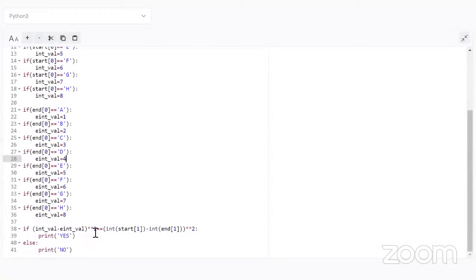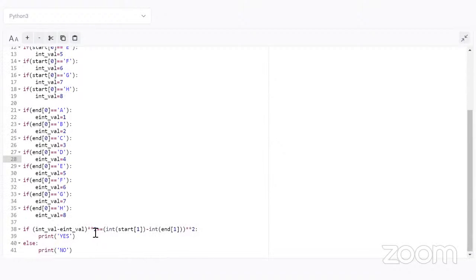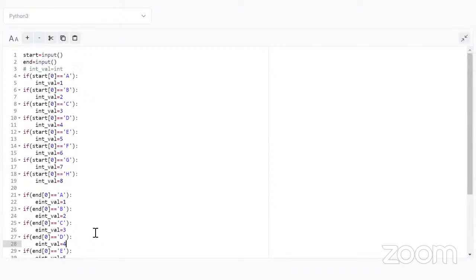So others, do you have any doubts about this solution? Sir, can you please go through the code once? Can you scroll the code? Yeah, this is the code.